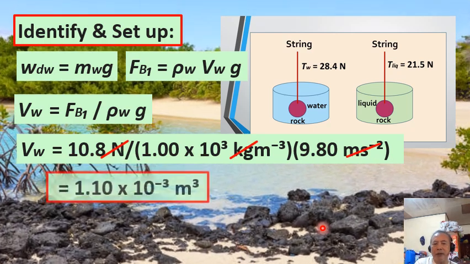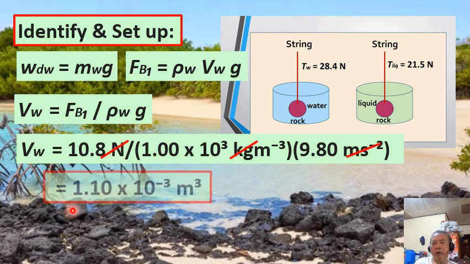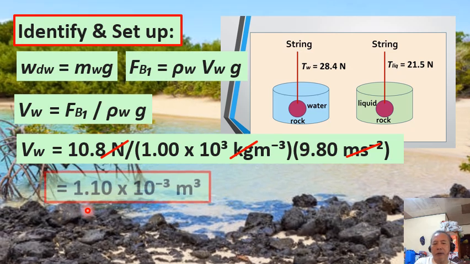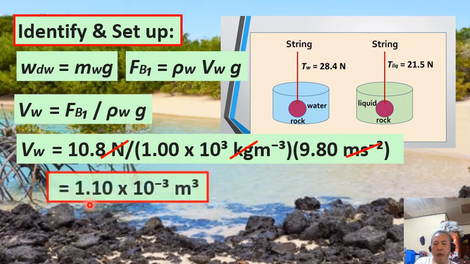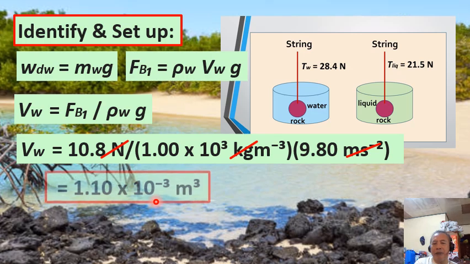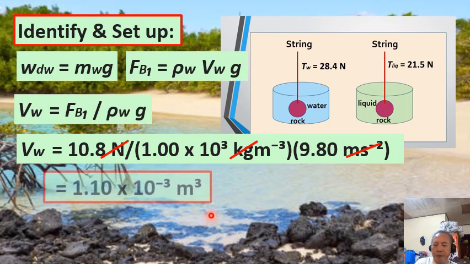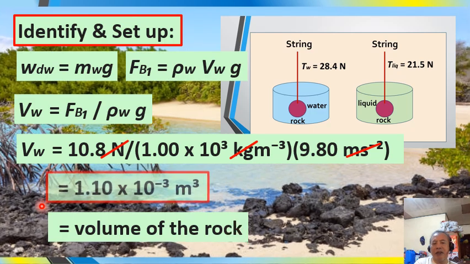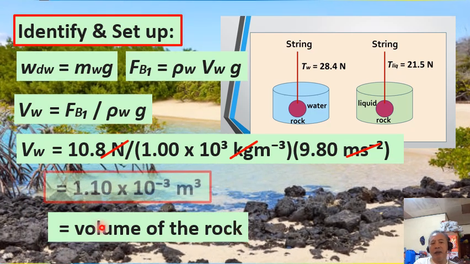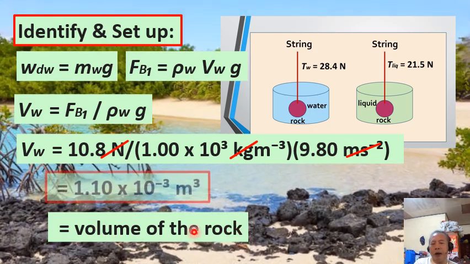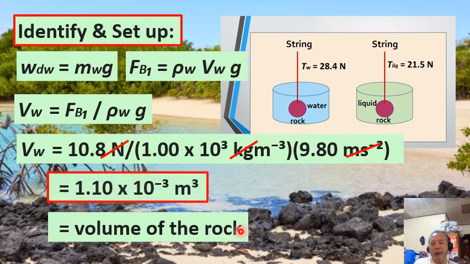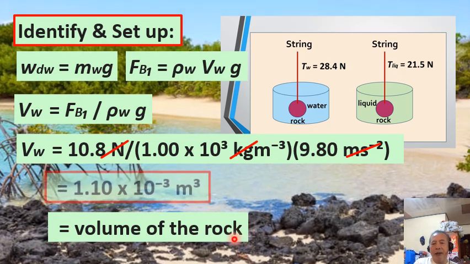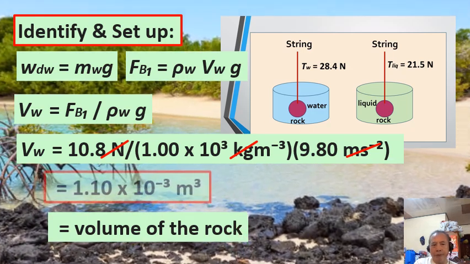So when we do our math, we find the volume of the water displaced equal to 1.10 × 10^-3 meter cubed. And we emphasize that this volume of the water displaced is also equal to the volume of the rock, since the rock is totally submerged in the water.